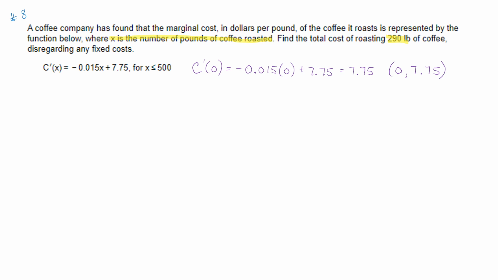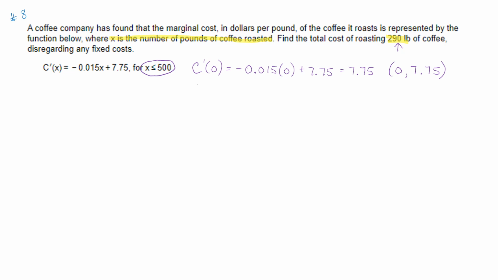Now, I think what messes people up on this problem is right here. They want to use that 500. We don't need to use that 500 because we want to know what's happening when X is 290.